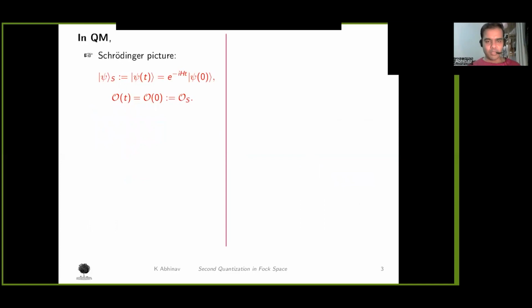Before understanding how we go to quantum field theory from quantum mechanics, I must state that we'll take a particular procedure called second quantization, and it depends on the Schrödinger and Heisenberg pictures in normal quantum mechanics.